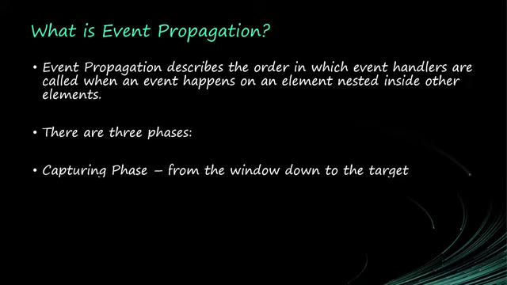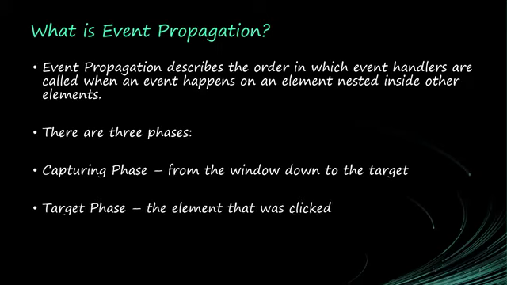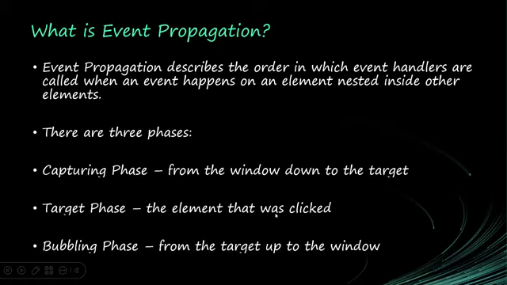Once you click the button, the event will start from the top down to the target. That's what we call the capture. We are going to explain this better, so please pay attention. The target phase is when the event has hit the element, that means the element that was clicked. And bubbling is from the target up to the window again.